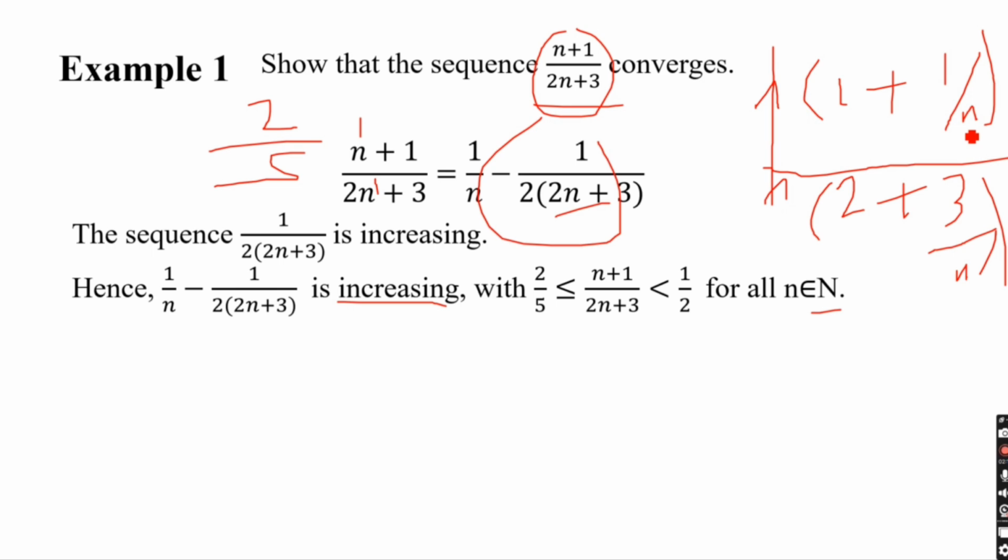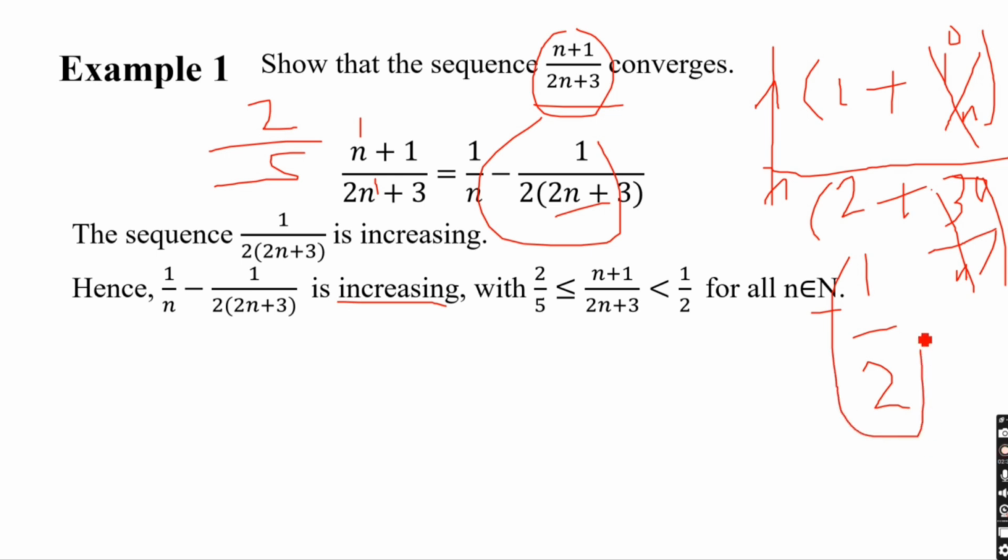When n goes to becoming a large number, such as 1000 million, 1/n and 3/n will approach, or converge to, 0. So this value converges to 1/2.